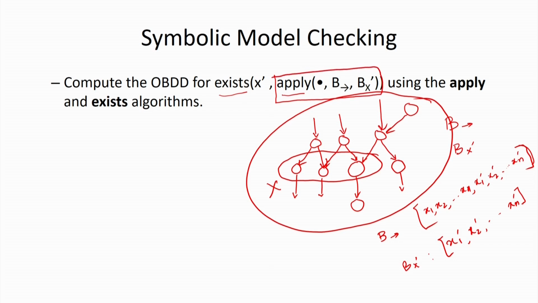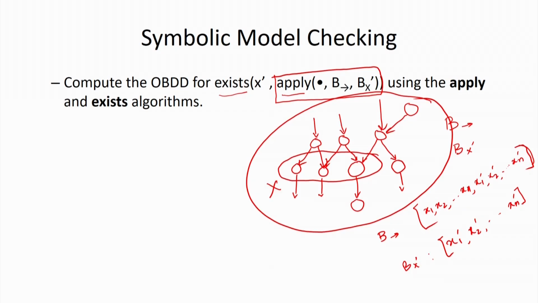algorithm apply, then what will happen, you just see, it is going to have a product of this entire state transition system and this particular B x prime. Now, after applying this, it is going to give me a BDD. That BDD is going to involve all the variables x 1 to x n and x 1 prime to x n.